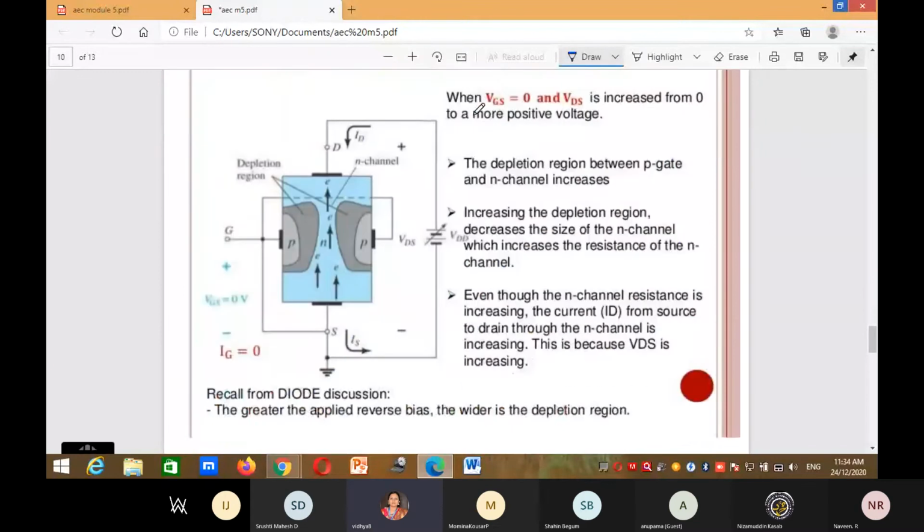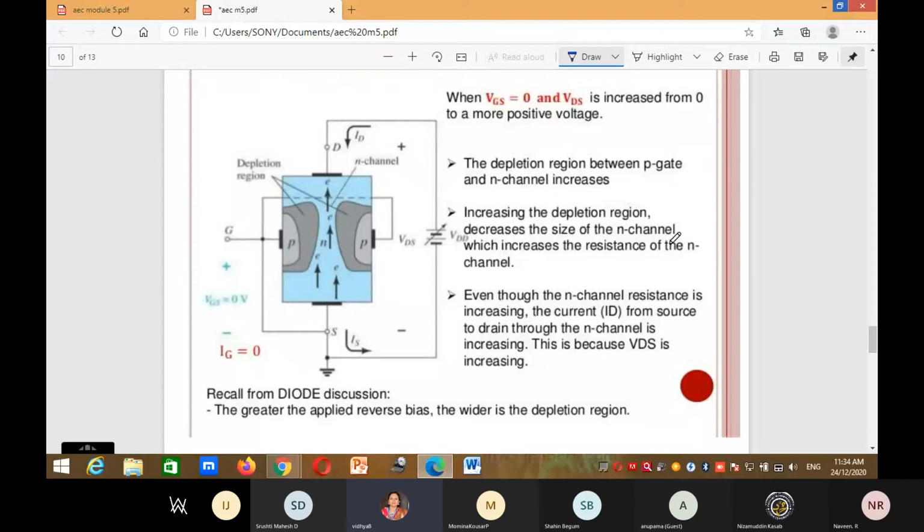You can observe here, when VGS is equal to 0 and VDS is increased from 0 to a more positive voltage, the depletion region between the P gate and N channel increases. Increasing the depletion region decreases the size of the N channel. As we apply voltage, the depletion region will increase and the N channel size will be reduced, which increases the resistance of the N channel.